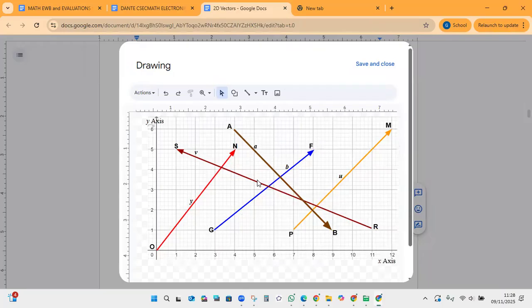Let's identify the starting point. The starting point for vector AB is A, and the coordinates of that point are 4, 6: 4 on the x and 6 on the y. So let's make a note of that.